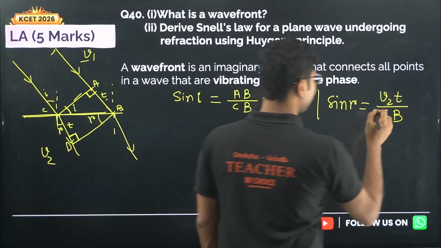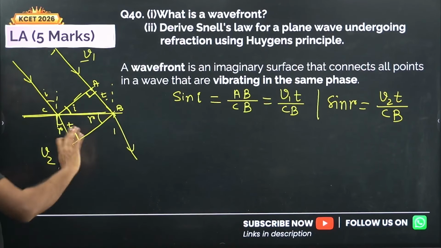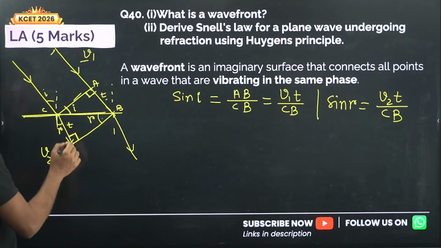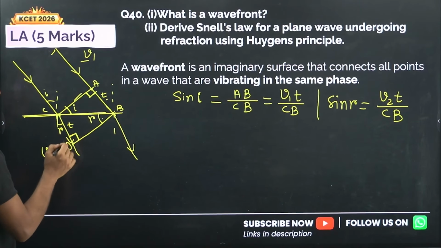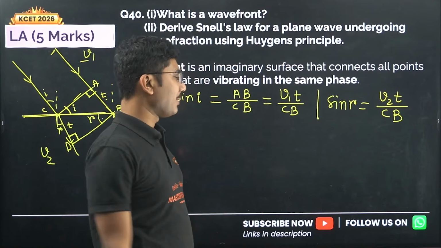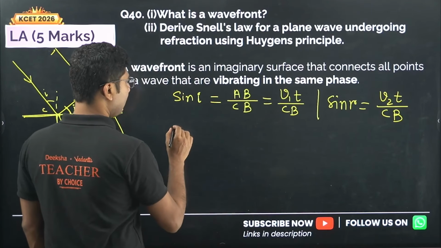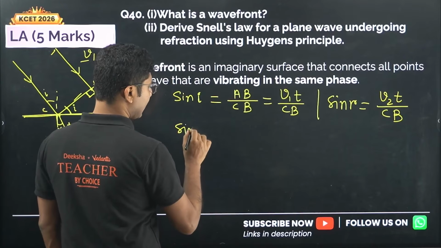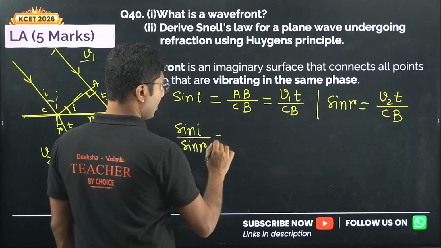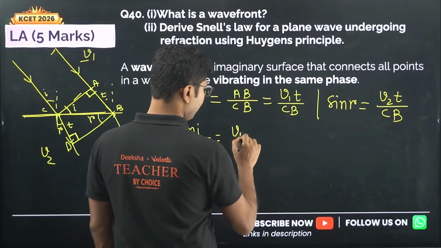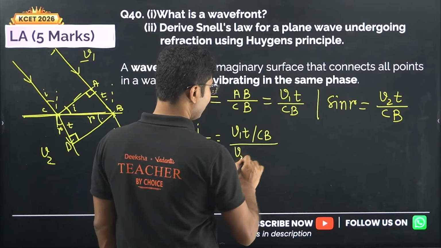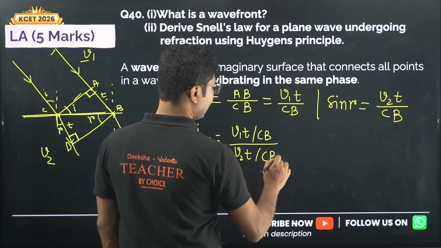Similarly you can write it over here. Sine R equals perpendicular divided by this hypotenuse, and this perpendicular is again V2 into T. Now what we will be doing, we will simply do sine I divided by sine R equals V1T divided by CB divided by V2T divided by CB.